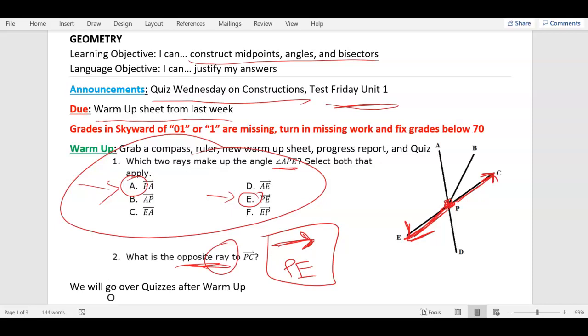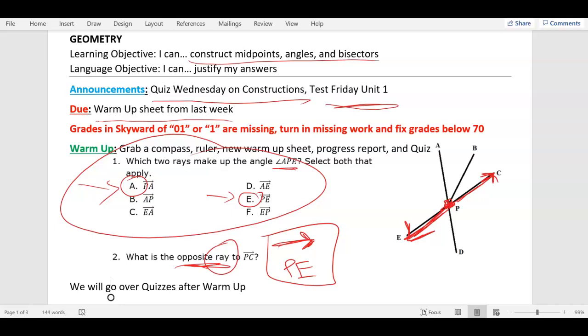All right, now we're going to go over these quizzes, but just for the recording's sake, the assignment today is on constructions. You're going to take your notes from Friday, have them out on your desk. You're going to work on this constructions assignment based on what we did on Thursday, Friday. Okay. All you're doing is one of each example, and there's 2 reverse examples that you're going to do.